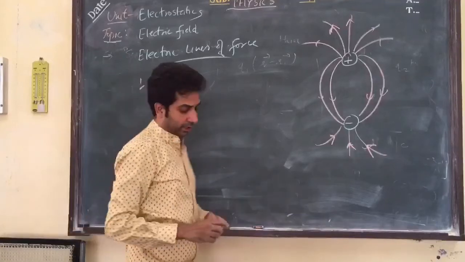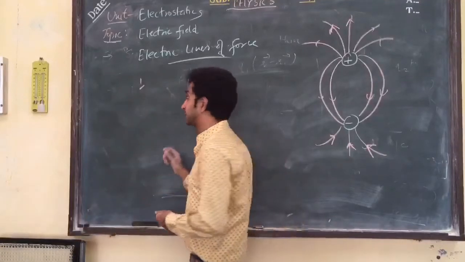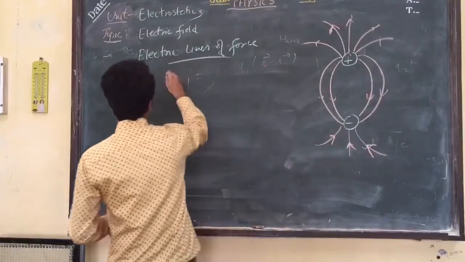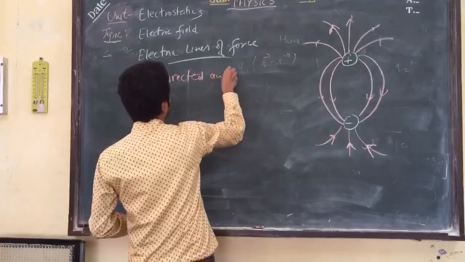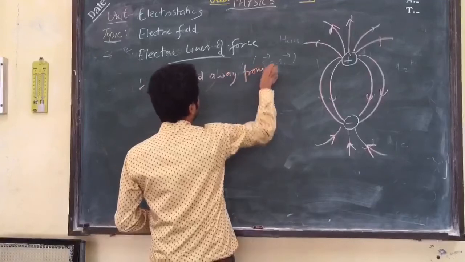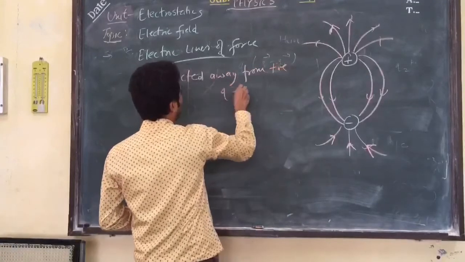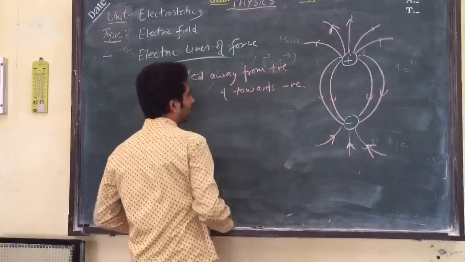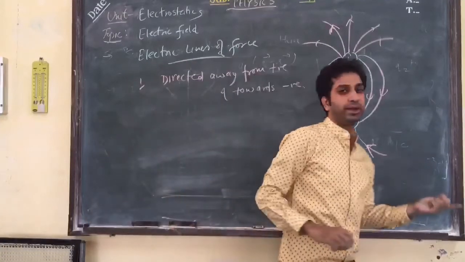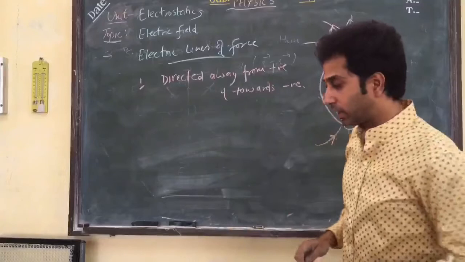So let me discuss some properties of the electric field lines, right? First, as I already said, it is directed away from positive and towards negative. So starting from the positive, ending up at negative. Very first point, right?